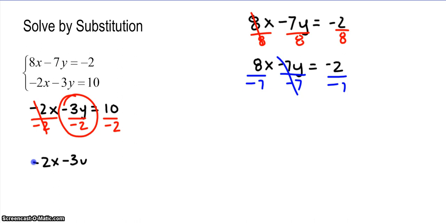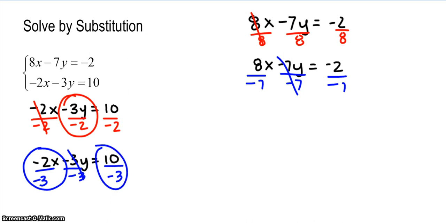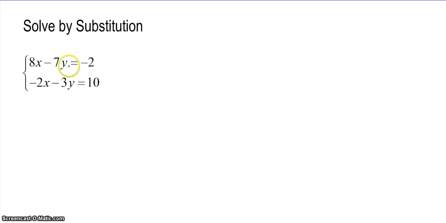If I tried to solve for y in the second equation, I would be dividing everything by negative 3 at some point to solve for y, and that's going to leave me with fractions. Because there's no way to get around this, I'm going to clear all my ink. I just need to pick one of the variables to solve and go with it.